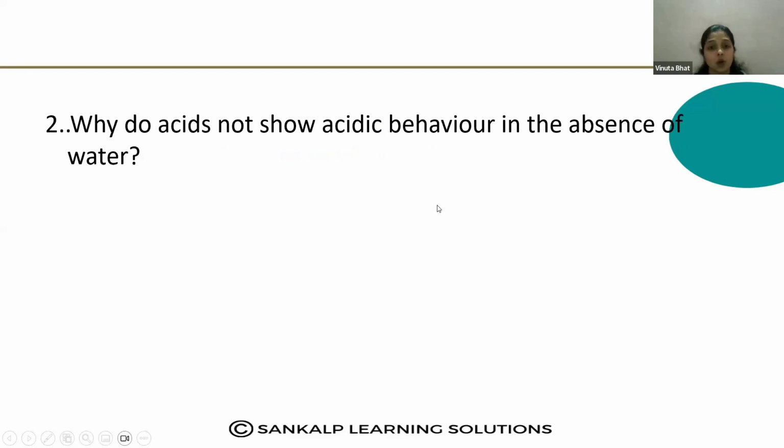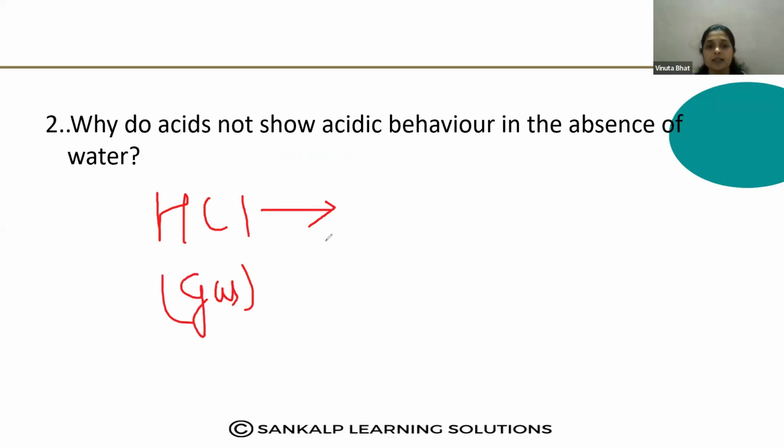Why do acids not show acidic behavior in the absence of water? Please understand the question properly. For example, HCl is a gas. When it is tested with a litmus paper in the gaseous state, it is not able to change the litmus paper color, because it is not showing the acidic behavior.